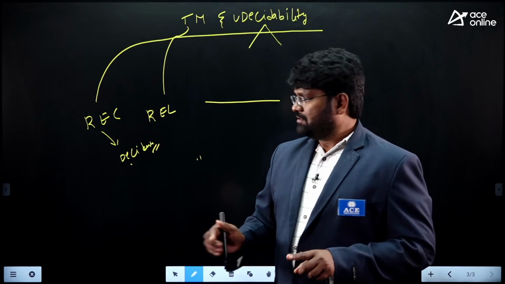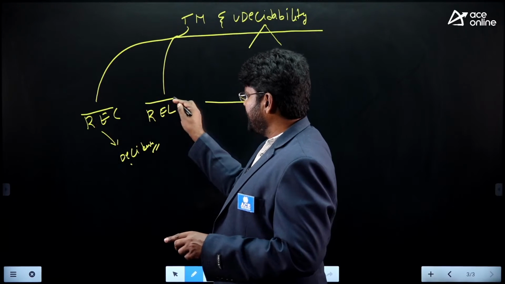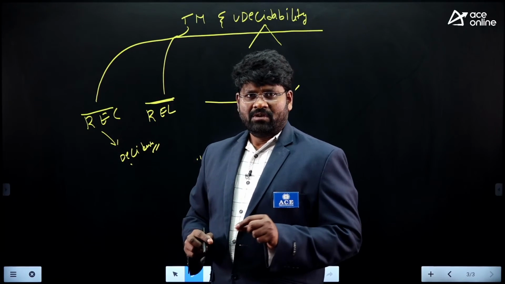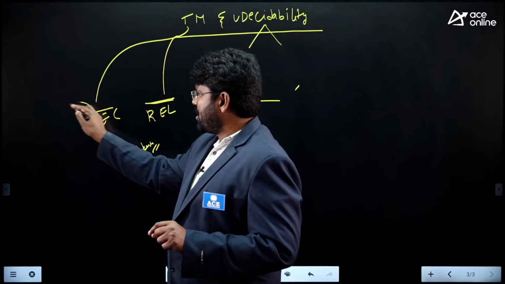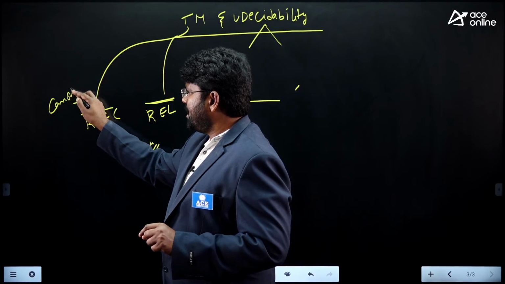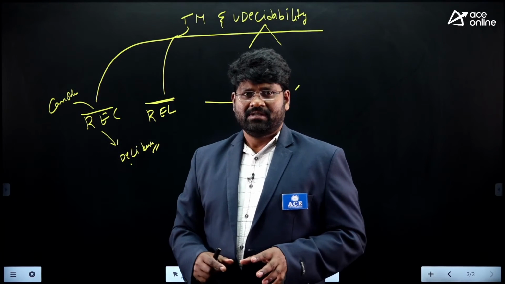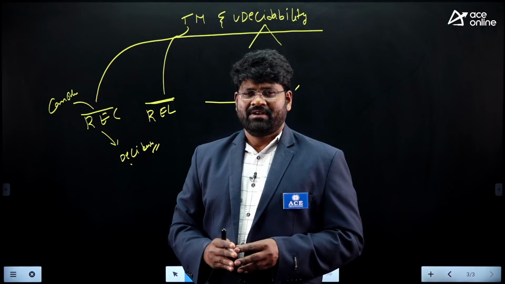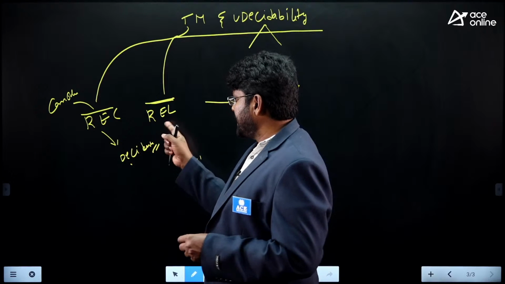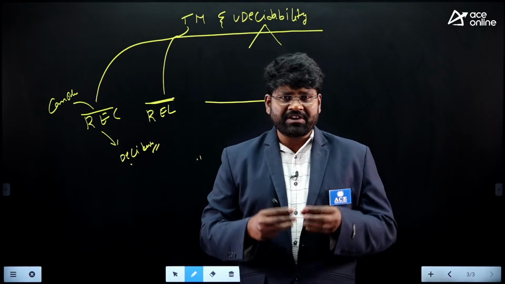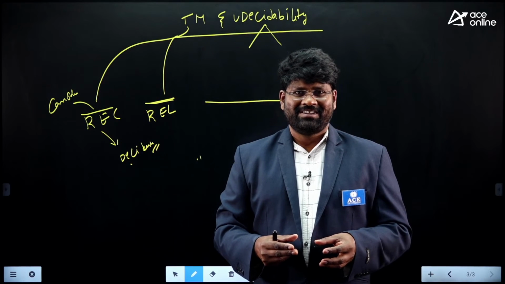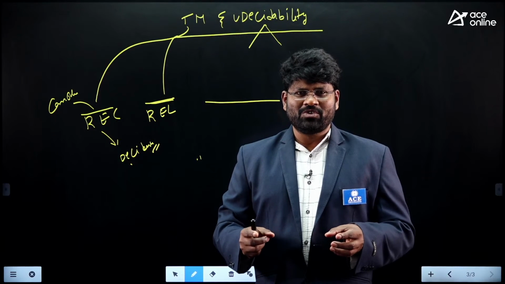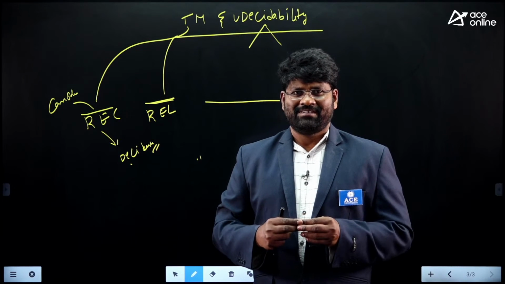Apart from that, the properties of these are very important, especially the complementation property. Recursive languages are always closed under complementation, whereas recursively enumerable languages are not closed under complementation. So the problems always revolve around this statement.